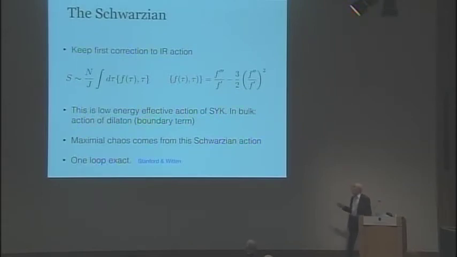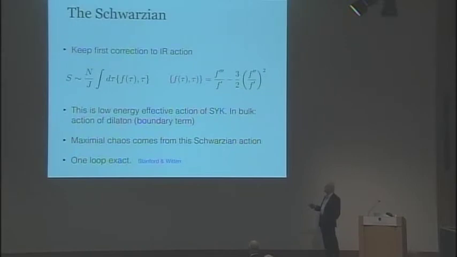And in the bulk, it is also the action of the dilaton, this function of tau that describes the boundary as you define the boundary conditions for Einsteinian gravity, of the Jackiw-Teitelboim modification of Einsteinian gravity. This Schwarzian action is, again, in this model, extremely simple.